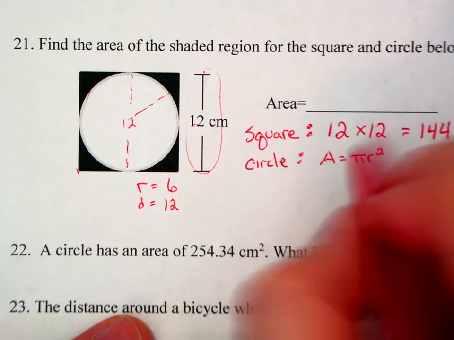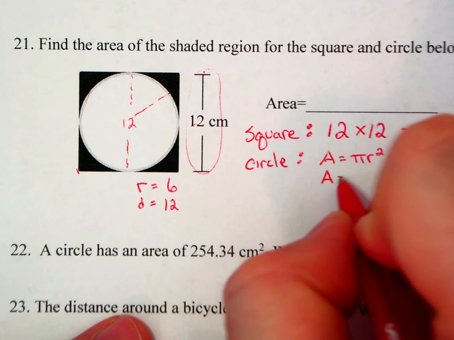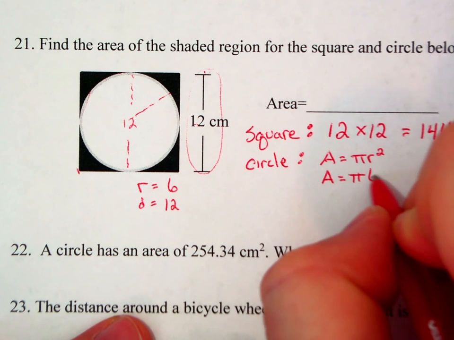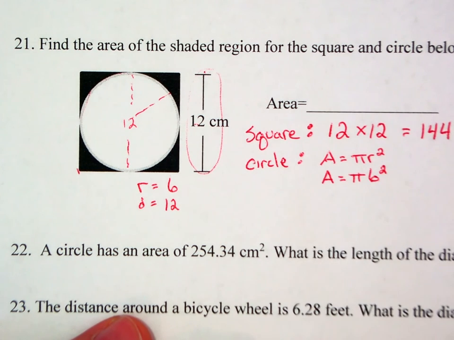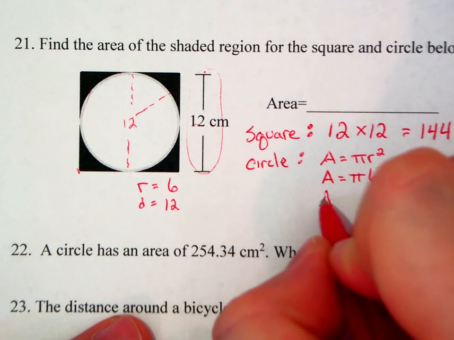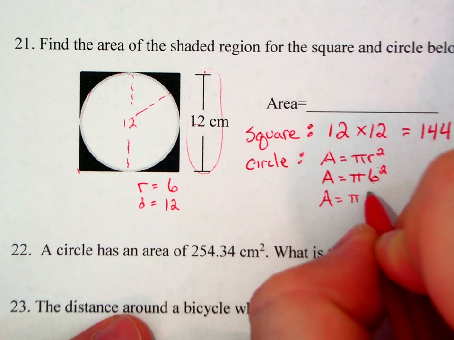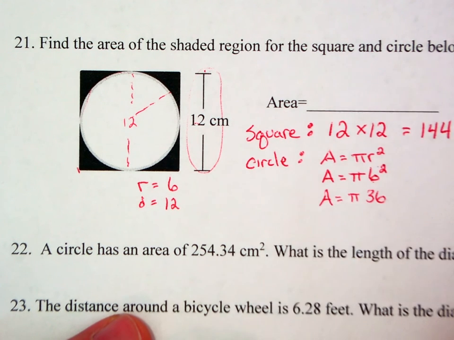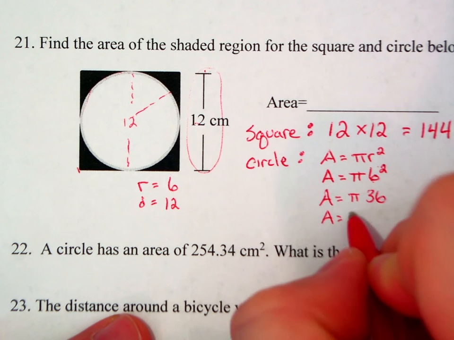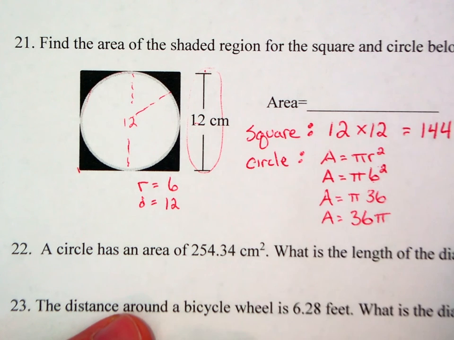So let's plug that information into our equation. A equals pi times 6 squared. We are all getting good on our perfect squares, and 6 squared is 36, so A equals pi times 36. Clean that up a bit. A equals 36 pi.